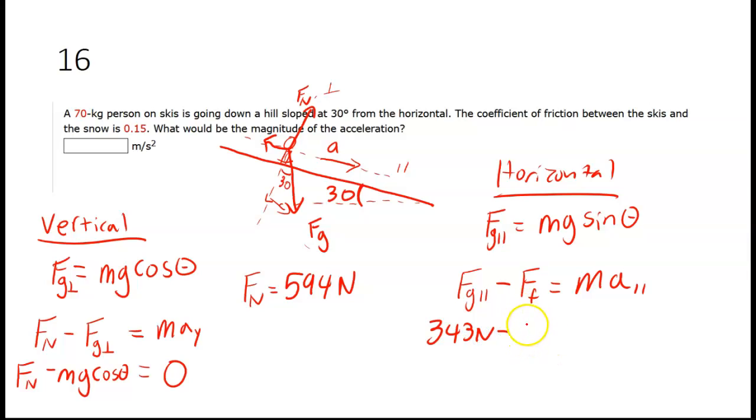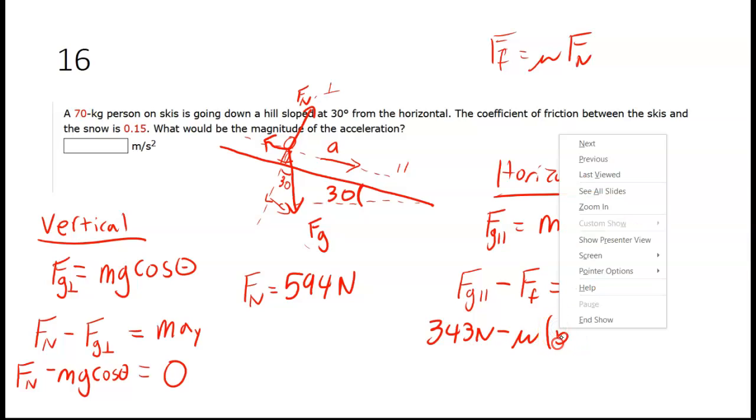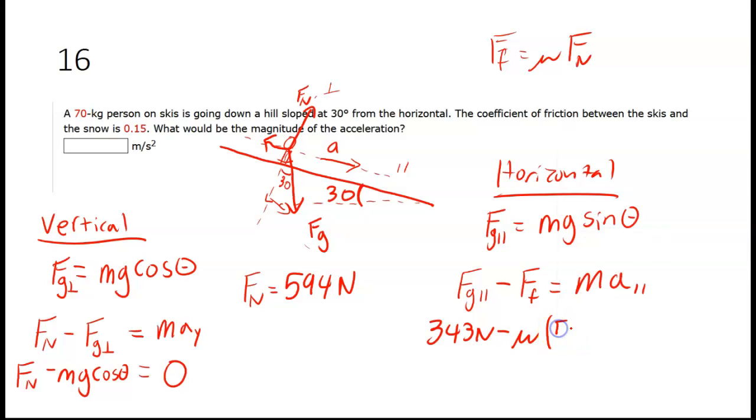I'm going to subtract my coefficient of friction, but remember the force of friction is equal to mu Fn. That means it's that coefficient times my 594 Newton force. And we still have our mass of 70, and the only thing really left to solve for is our acceleration.